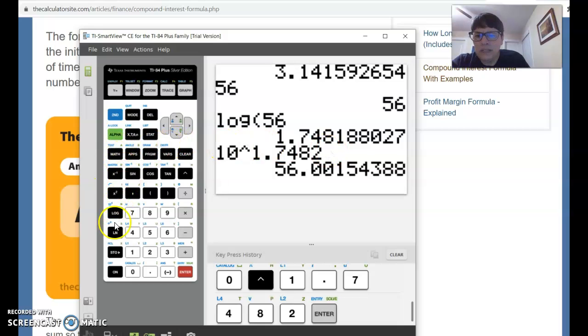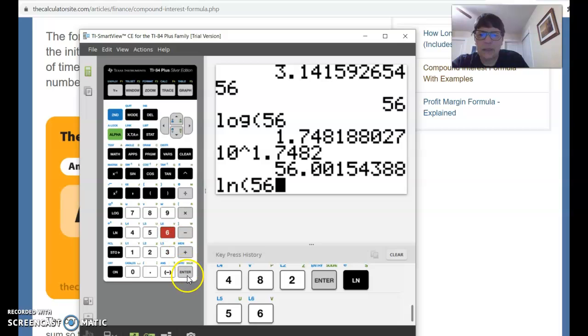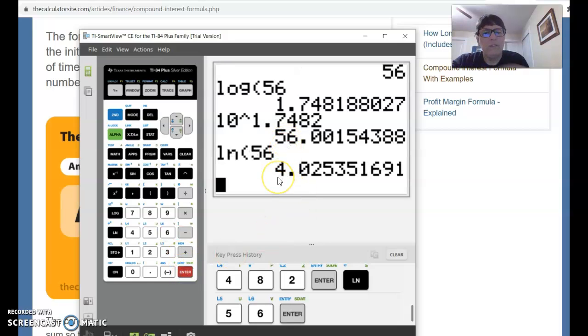Now, if I did the natural log of 56, I've got 4. So I told you they were not the same. E is a number between 2 and 3, and 2 raised to the 4th power is 2, 4, 8, 16. 3 raised to the 4th power is 81.